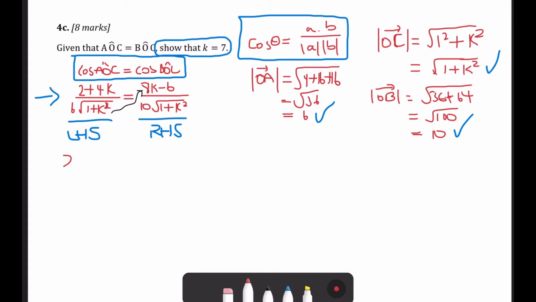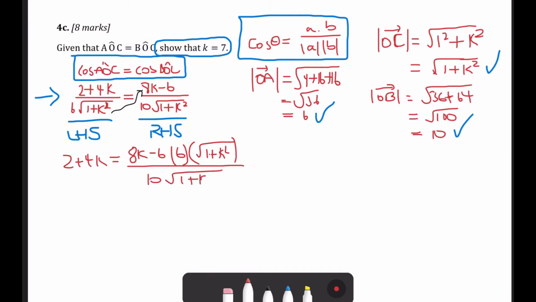So 2 plus 4k equals, so I'm only bringing the denominator of that one up, and then I end up with 8k minus 6 multiplied by 6 multiplied by root 1 plus k squared, all over 10 root 1 plus k squared.